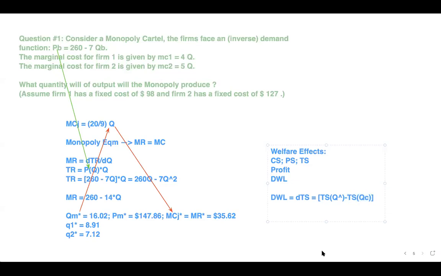There's only one other thing that I should be careful about, and that is this calculates the change in total surplus for me, but technically speaking, if we're talking about deadweight loss, it's going to be the absolute value of that change.